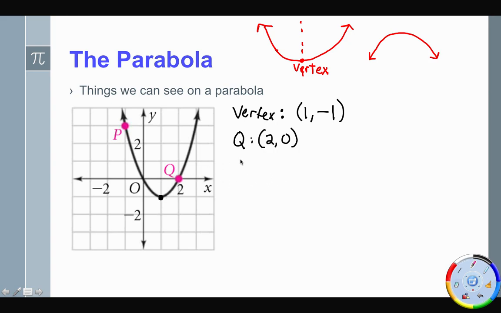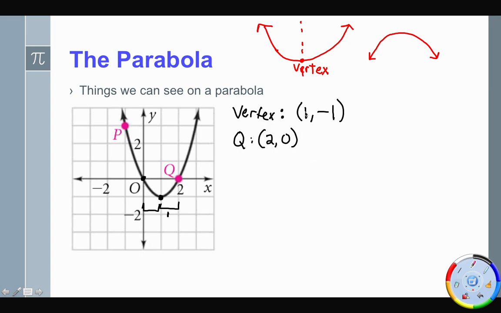Notice that to go from the vertex (1, -1) to Q, I went 1 to the right. The axis of symmetry tells me that if I have a coordinate that is 1 unit to the right of the vertex, it has a mirror image 1 unit to the left of the vertex.